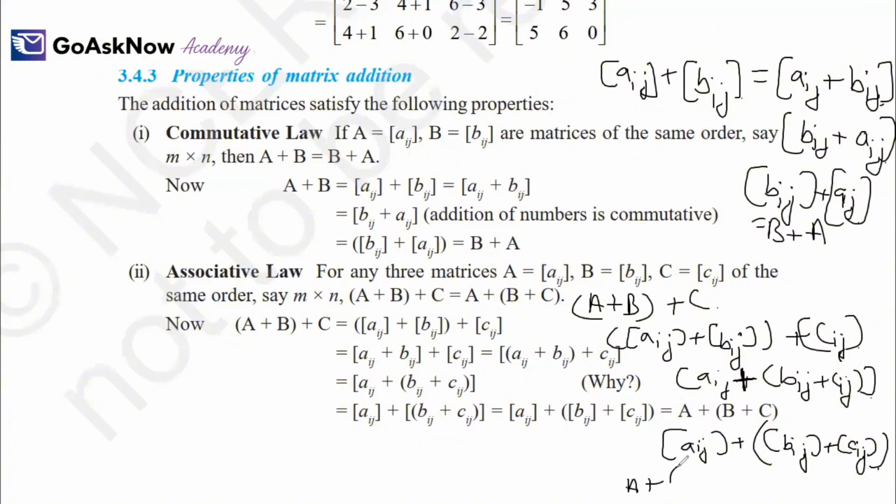A plus bracket of B plus C. This shows that matrix addition is also associative. So this proves its associativity. I hope you got this, that why matrix addition is commutative and associative. Okay, let's move further and see the next thing.